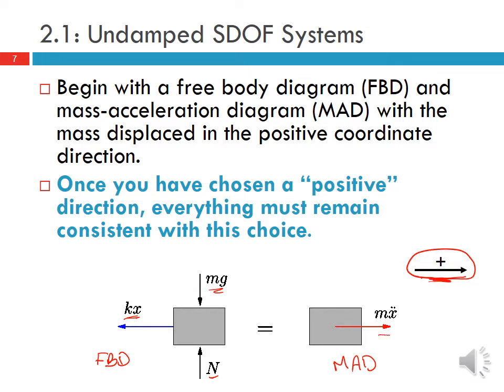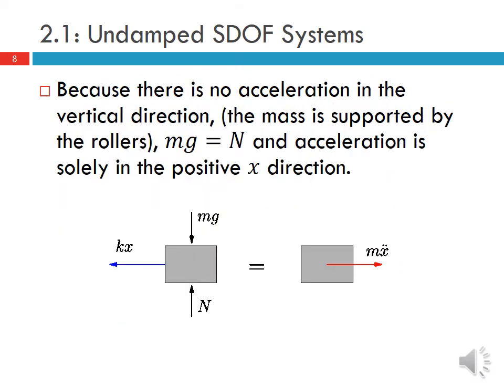So we have the acceleration as m x double dot. Now, because there's no acceleration in the vertical direction, the mass is just supported on these rollers, mg equals N, and the acceleration is only in the positive x direction. So we have no acceleration vertically in this case because it was supported. So mg is just equal to N.